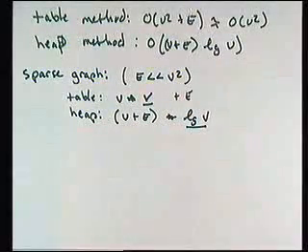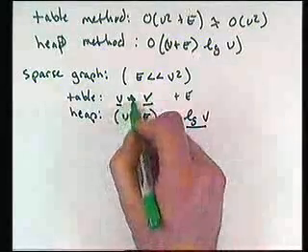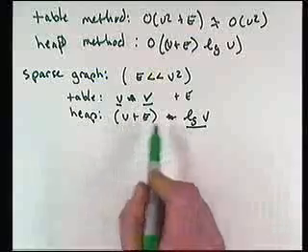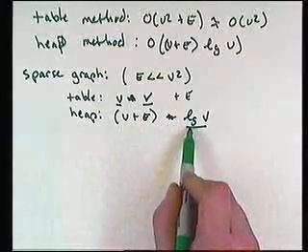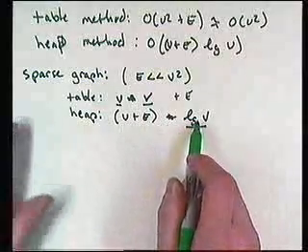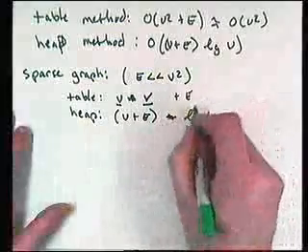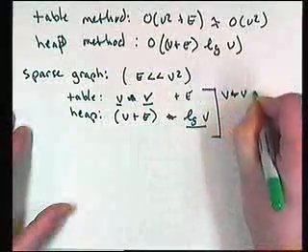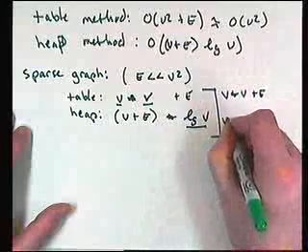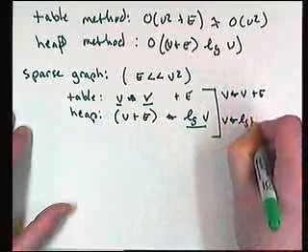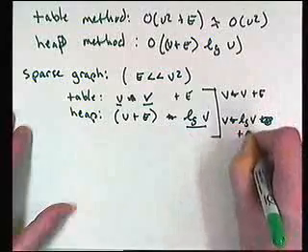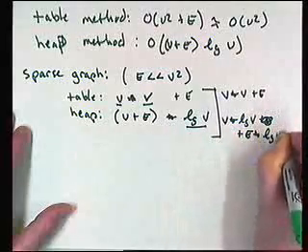The issue is more that here we have the number of vertices times the number of vertices. Here, we have the number of vertices times log v. And so what we're basically saying is, if you write these out longhand, this is v times v plus E, and this is v times log v plus E times log v.